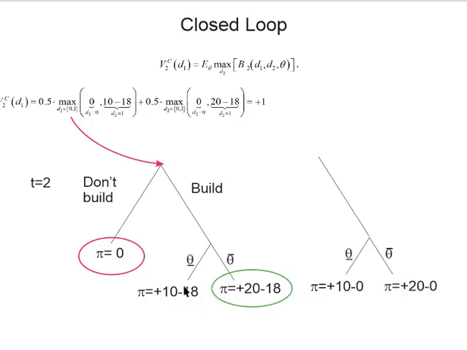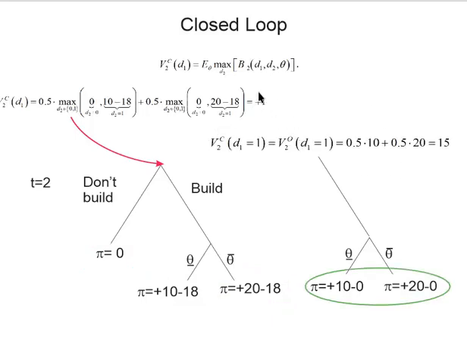If you see that you've got theta lower bar, you know you're going to lose money, so your decision rule is going to vary. If you see theta lower bar, you're going to choose to not build, and the payoff is 0. If you observe theta upper bar, you're going to choose to build with a payoff of plus 2. The expected value, 50-50, over those two payoffs is positive 1.